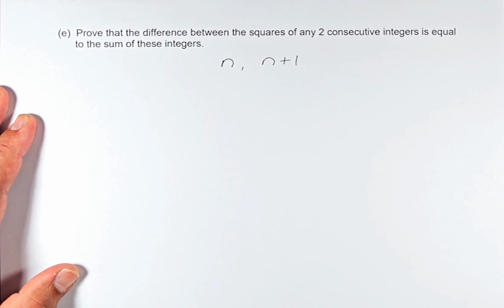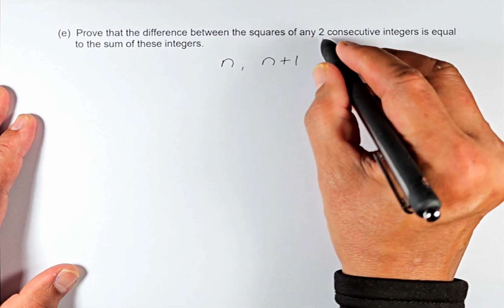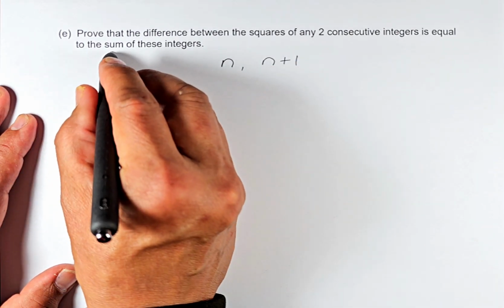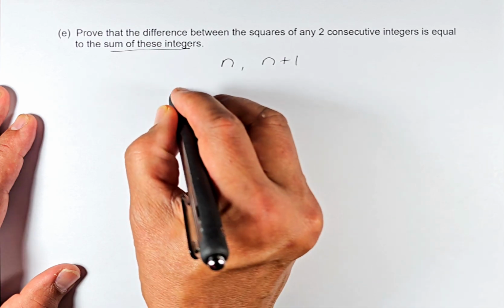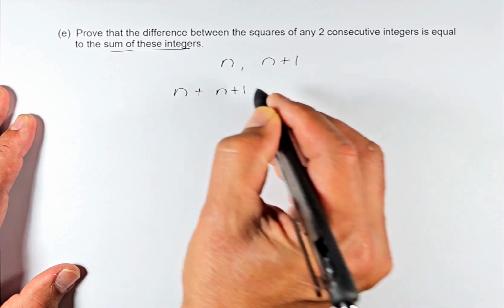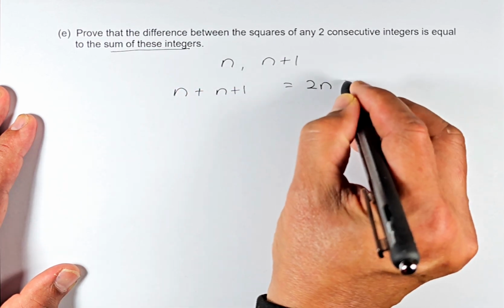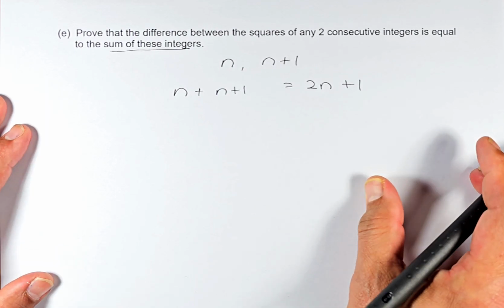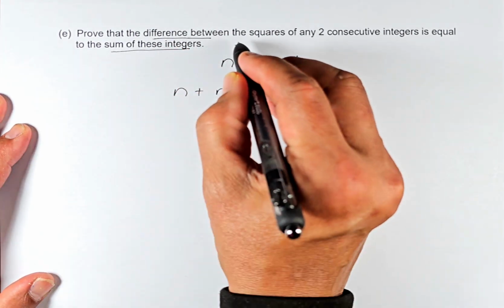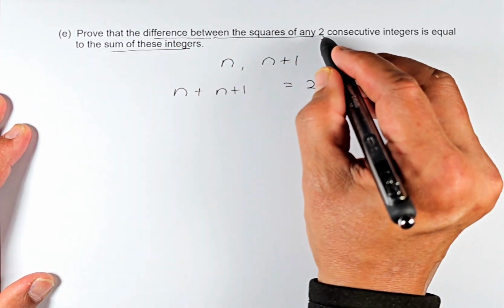So now we need to know the sum of the integers, so n plus n plus 1, and that is equal to 2n plus 1. Okay, so we need to prove that the difference between the squares of any two consecutive integers is also 2n plus 1.